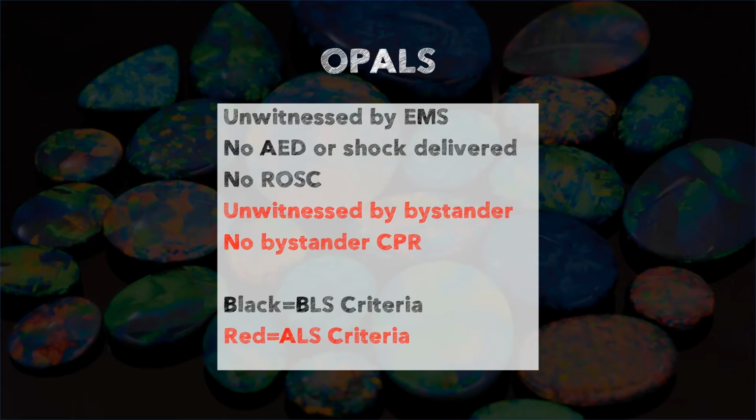The BLS criteria for terminating was unwitnessed by EMS. They didn't have an AED or shock, so not a shockable rhythm. And then there was no ROSC. They didn't get a pulse back. The ALS criteria, in addition to the BLS, was it was unwitnessed by a bystander, and there was no bystander CPR.